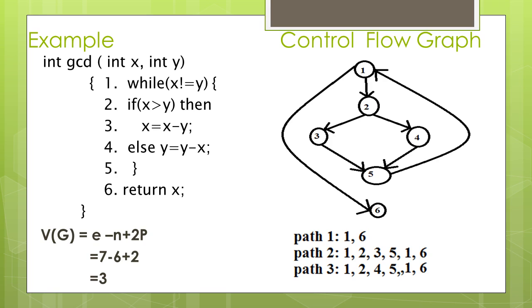The next independent path includes the nodes 1, 2, 3, 5, 1, 6, and the third independent path for this control flow graph includes the nodes 1, 2, 4, 5, 1 and 6. With these three independent paths, we can create 3 test cases if we are using basis path testing.